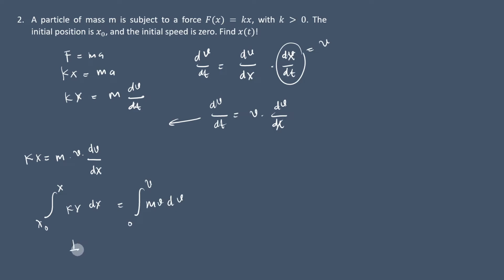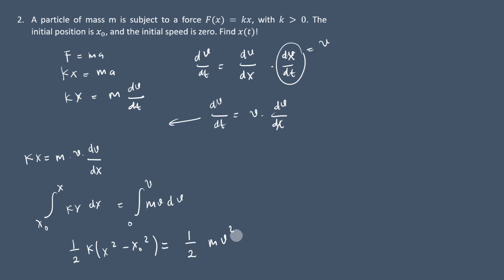We get on the left side 1/2 k (x squared minus x0 squared) equals 1/2 m v squared.